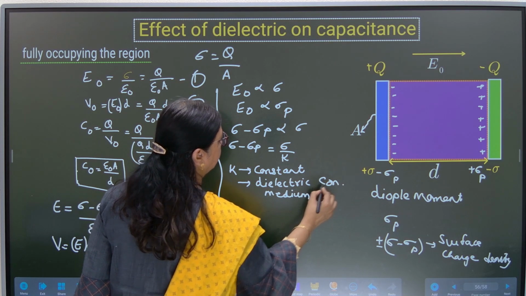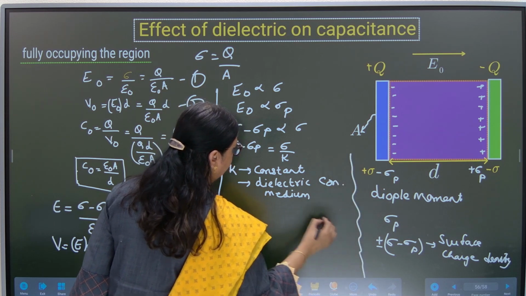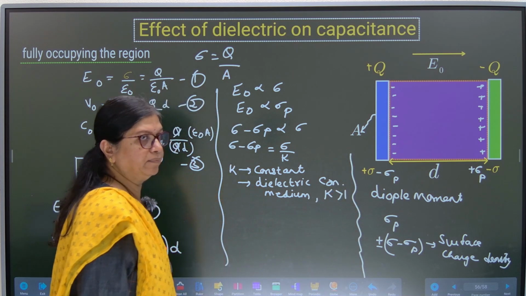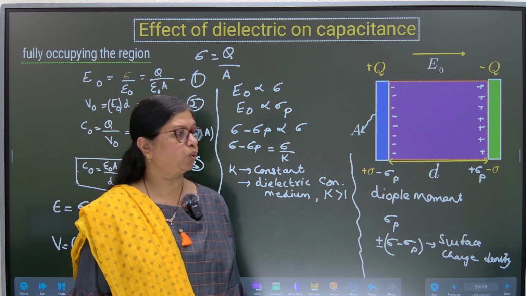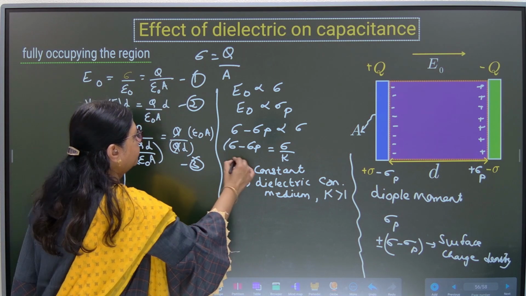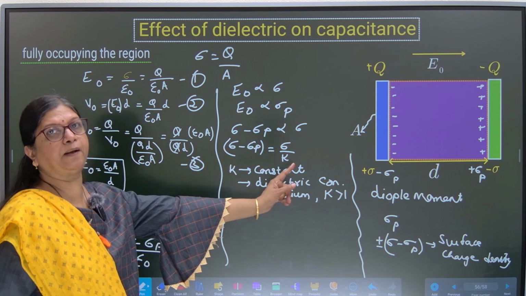Depending upon the medium, the value will change and k is always greater than 1. Fine? Okay. Now we have got sigma minus sigma p is equal to sigma upon k.